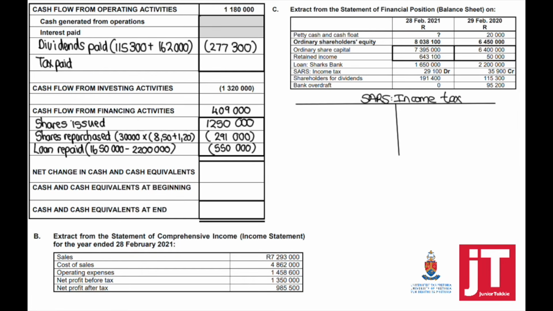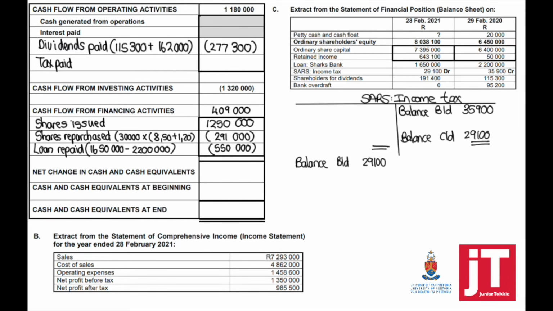If we look at how the information was given to us, it said there, SARS income tax credit balance at the end of last year, which means we owed SARS 35,900. At the end of this year, there was a debit balance, which means SARS owes us. Balance brought down means balance carried down.